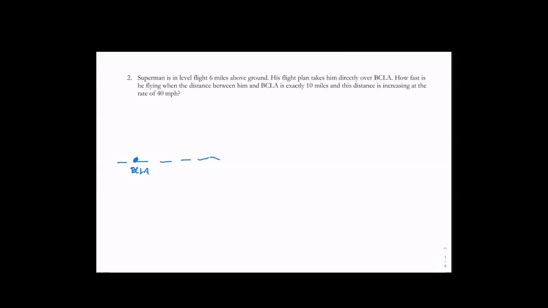So the idea is Superman is not directly above, or his flight plan will take him directly above, but he is not currently right above. So here's Superman. There's BCLA.